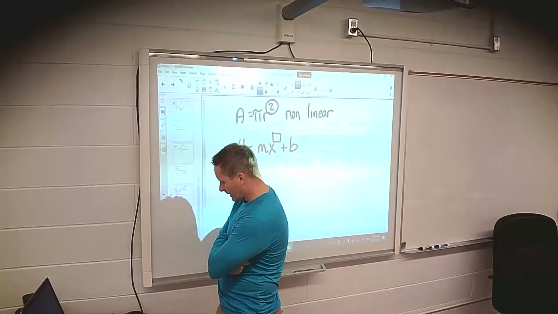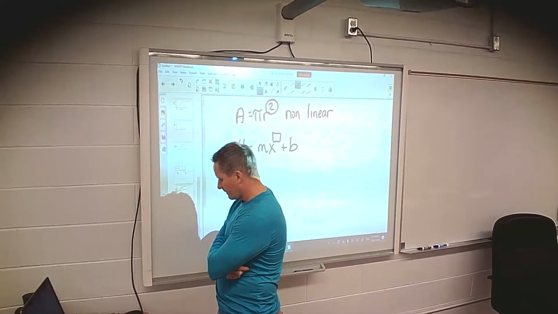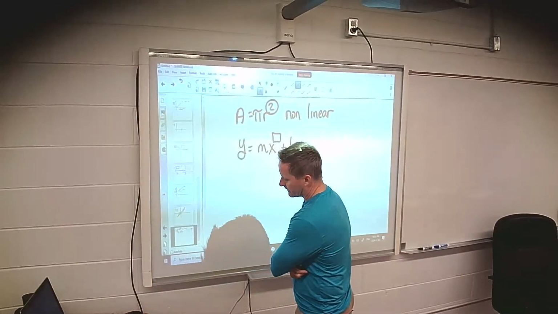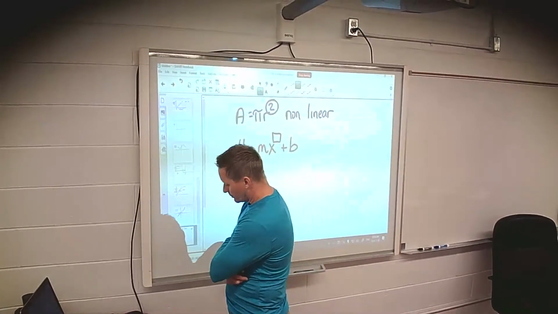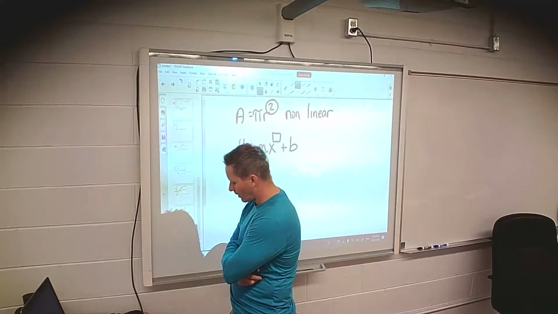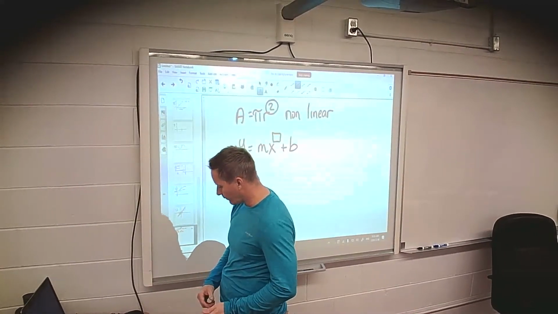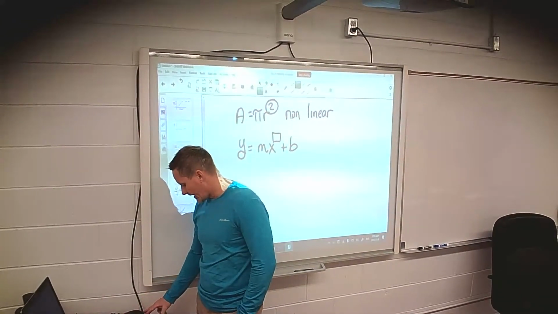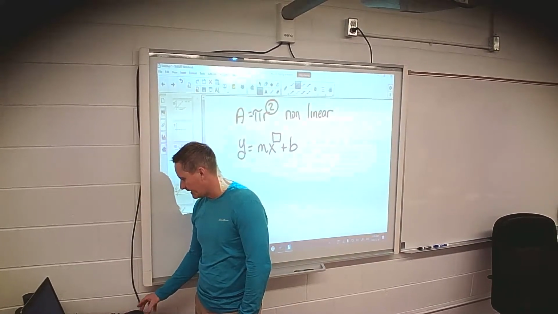So A is nonlinear, B is linear, C is nonlinear, because if you take the n and you times it by the n in the brackets there, it's going to give you an n squared. So two of those are nonlinear, and B is linear, because the S has an exponent of 1 on it. The same thing goes for question 5. So A is linear, B is linear, C is not, and D is not linear.